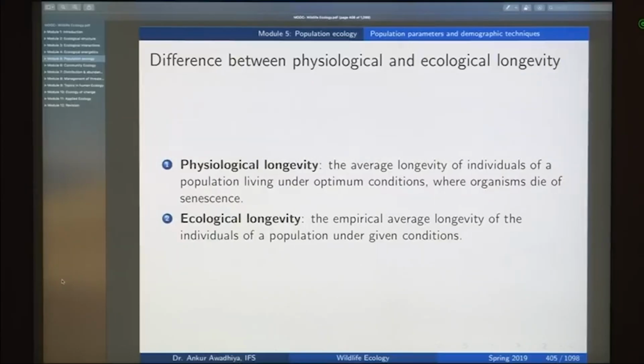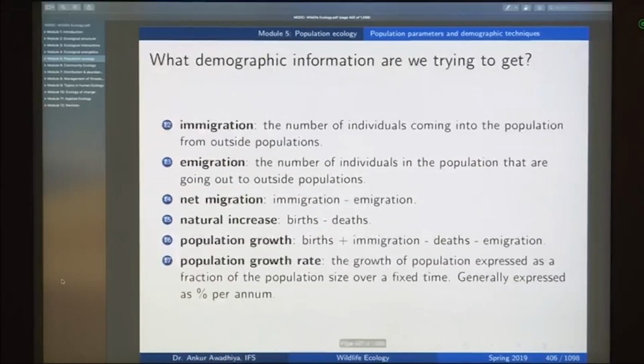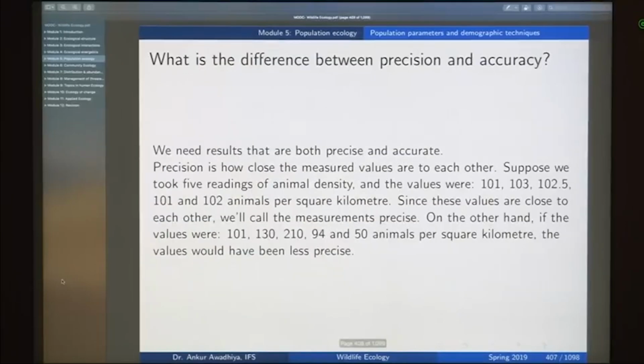But then in the forest or in the jungle, all the animals are not able to live to their physiological longevity because they are not living in the most optimum conditions. So, the empirical average longevity of individuals of a population under given conditions is known as the ecological longevity. Then we want to note the immigration, emigration, net migration, natural increase, population growth and growth rates.